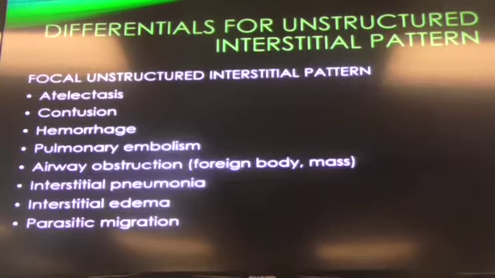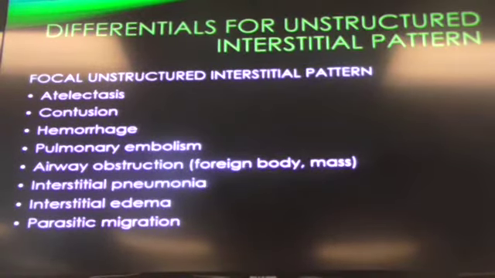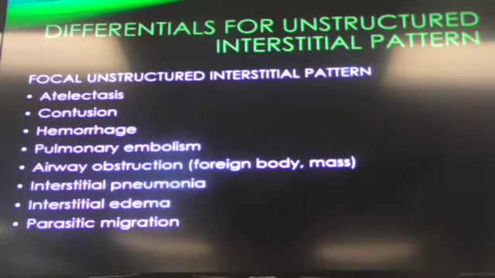I think we can stop at the differentials. These are some of the differentials for focal interstitial. Some of this overlaps with the diffuse, but usually atelectasis, which is collapsed alveoli, may be due to recumbency. Contusions or hemorrhage within the parenchyma.